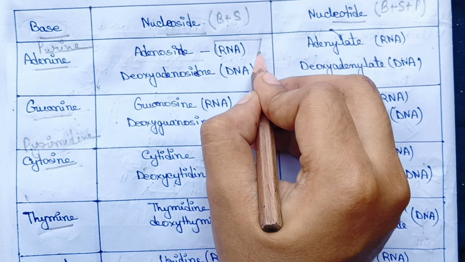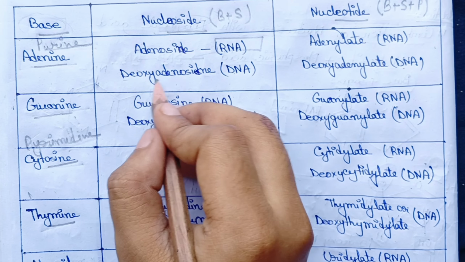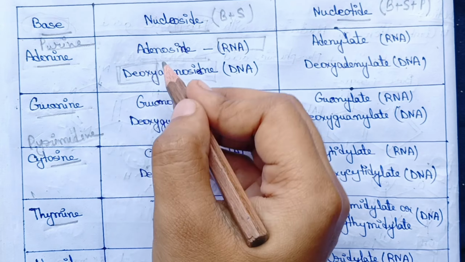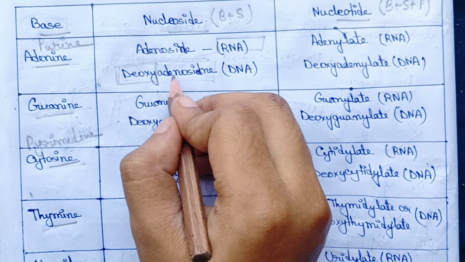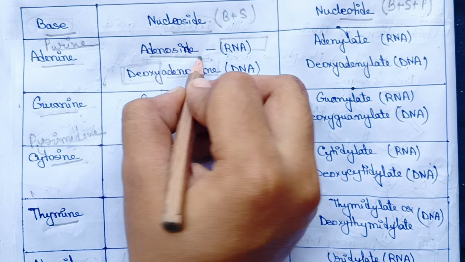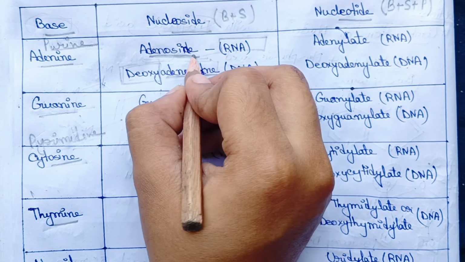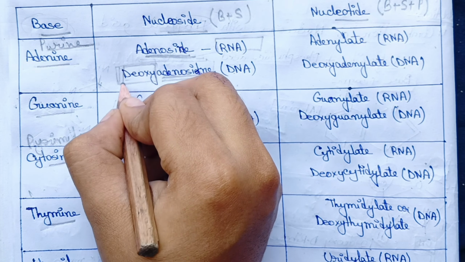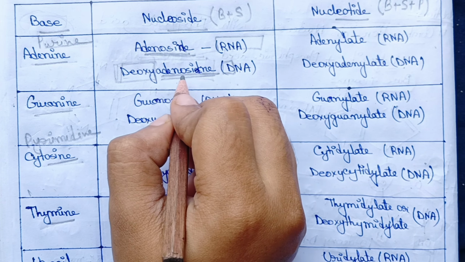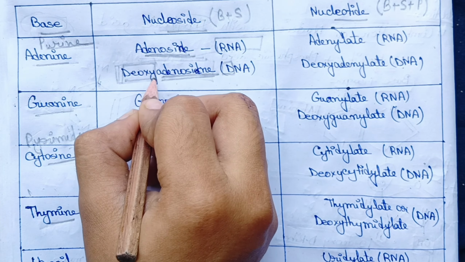In case of RNA it is adenosine, and if it is DNA, it is deoxyadenosine. Deoxy is the only thing attached to adenosine. So RNA and DNA have the same adenosine, but in the case of DNA, as a 2-deoxy-D-ribose sugar is present, the word deoxy is attached.